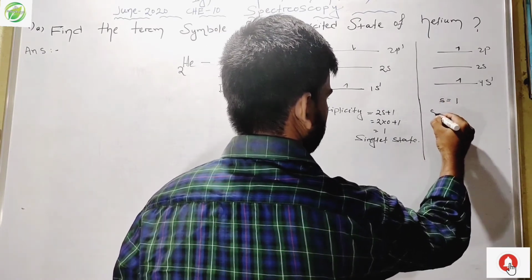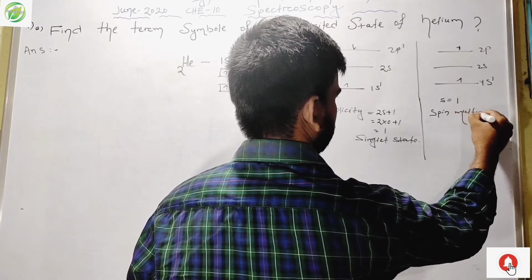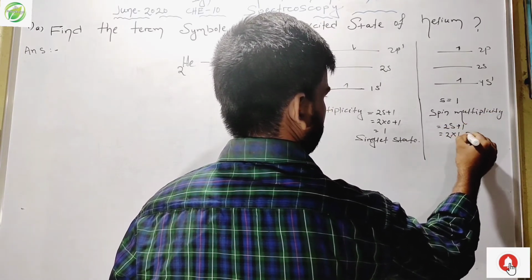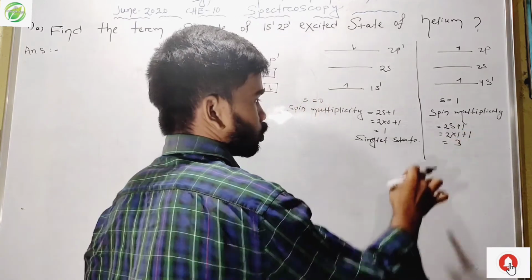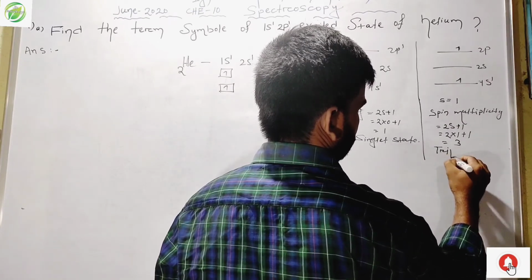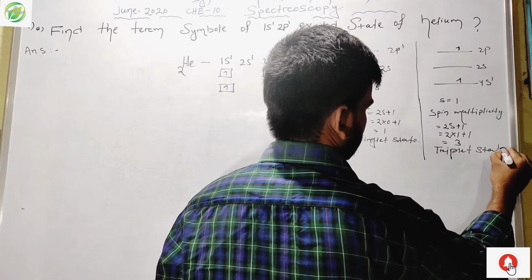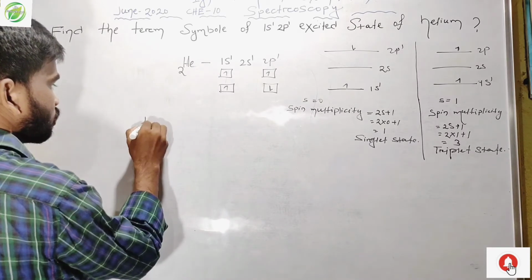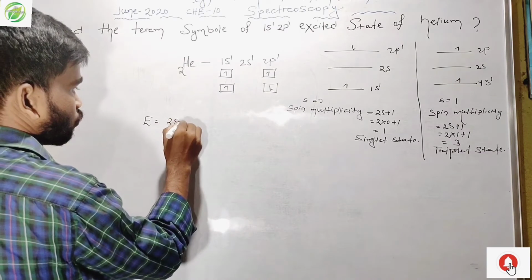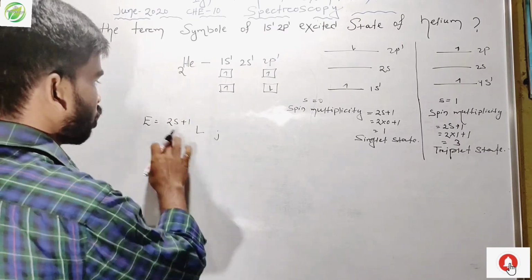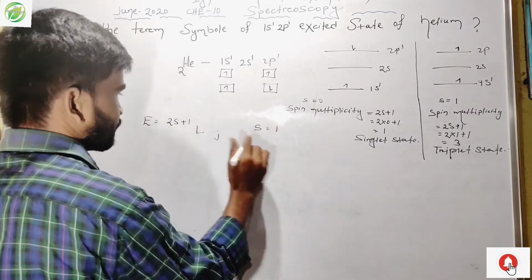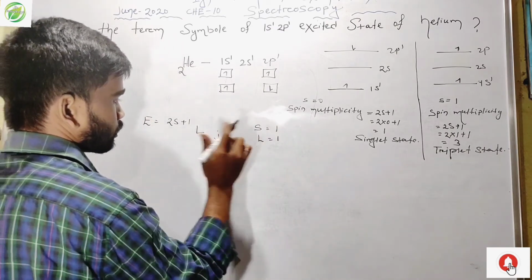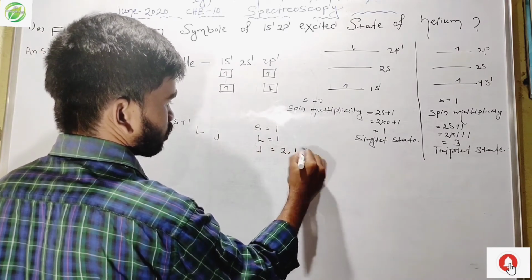The spin multiplicity, 2S plus 1, is 3. This is also called a triplet state. Let's find the term symbol, that is 2S plus 1 L J. Friends, we already calculated S is equal to 1, L is equal to 1, and J is 2, 1, 0.